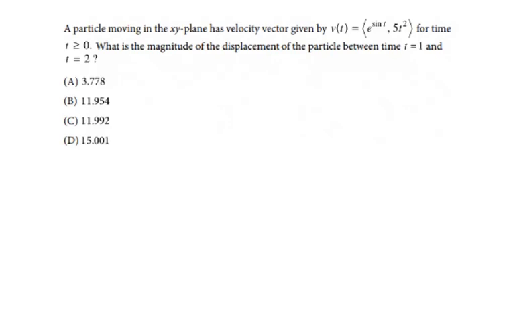Finally here, we've got one where we are given a velocity vector, and we're being asked about displacement, meaning that we're going to have to integrate instead of differentiate. But again, it works very, very similarly. So we'll start by just integrating velocity to find displacement, which, as you can imagine, means that we can just integrate each part separately.